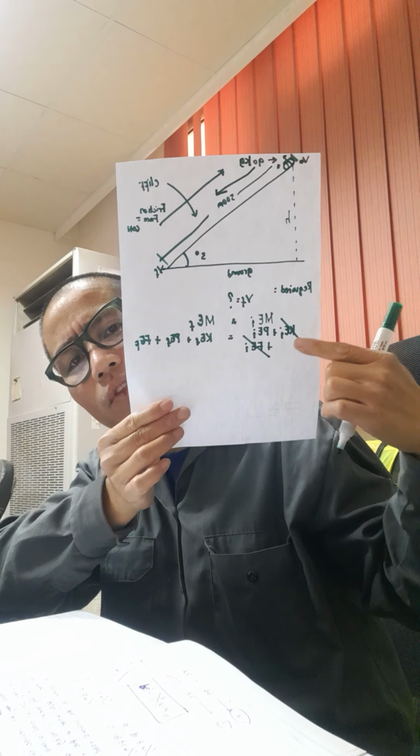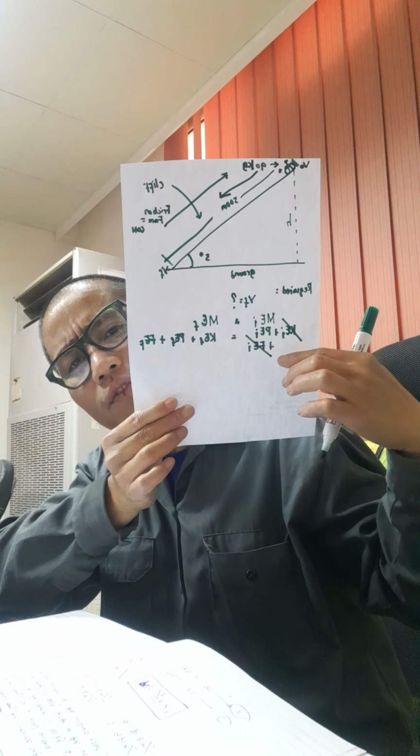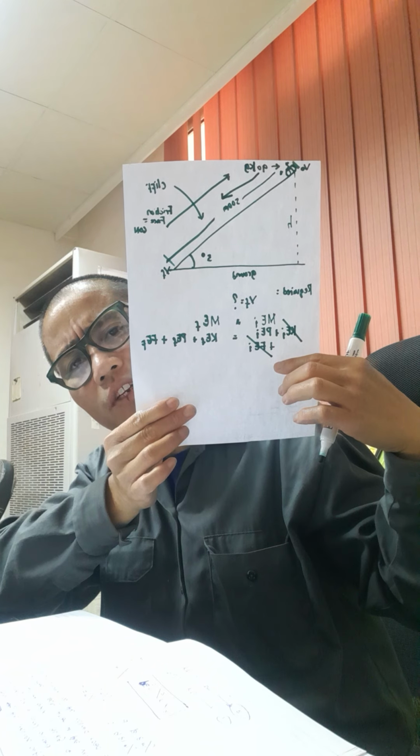Then we also need to cancel the friction energy or the wasted energy due to friction, because it was not mentioned in the problem and it is not yet moving. If it is not yet moving, there will be no concern yet for the friction. At the same time, it is not mentioned in the problem, so we need to cancel this one. Cancel the friction energy or wasted energy due to friction.